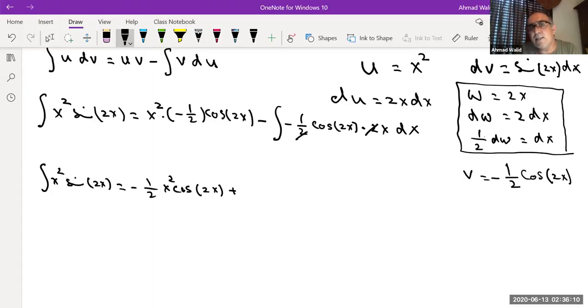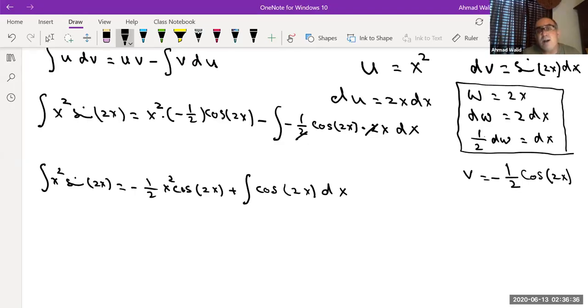This 2x is the argument. You cannot cancel this 2 with this 2. Here, this 2x, yes, you can cancel 2 with 2. Then negative times negative gives you positive. Integral of cosine 2x dx. Correct?